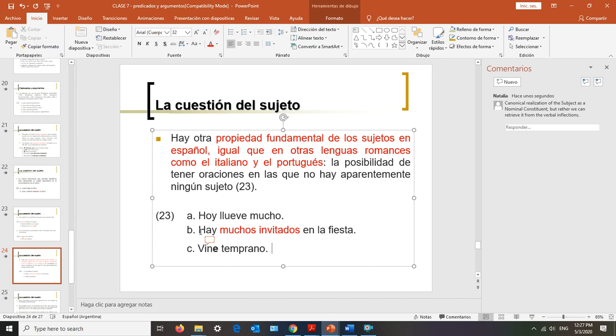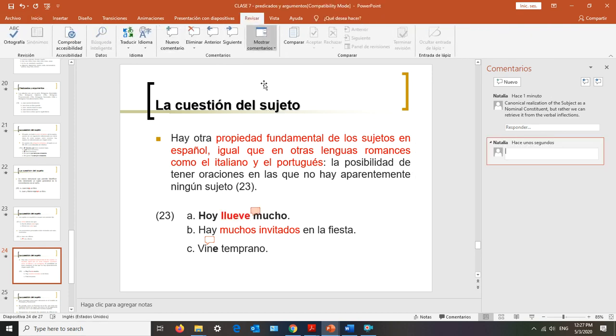Right? So here it's like a list of possibilities. Here there's no subject whatsoever, in that this is an impersonal sentence with a verb, llover, whose predicate functioning as predicator is zero place. Right?